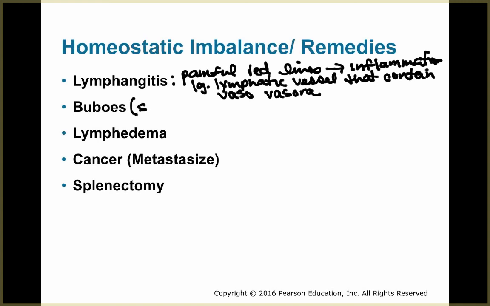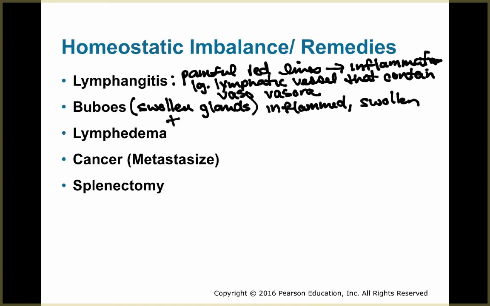Buboes, which are otherwise known as swollen glands. And this is just a way to talk about inflamed, swollen, tender lymph nodes. And this happens when nodes are overwhelmed by what they are trying to destroy.